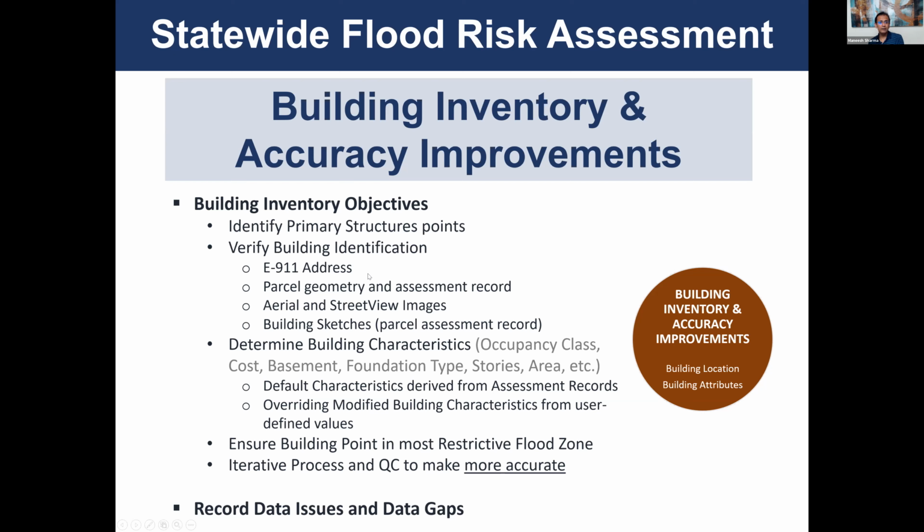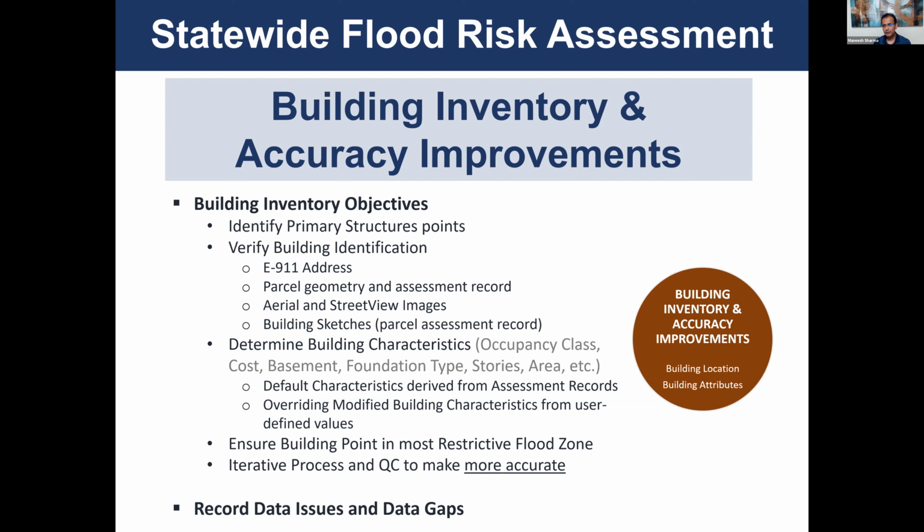We verified the E911 data and used the parcel assessment data. There were shifts in the parcels, things like that, and we had challenges with that. We used the aerial and street views. Building sketches were used. We also determined the characteristics in terms of occupancy class, cost, basement, foundation type, stories, etc.